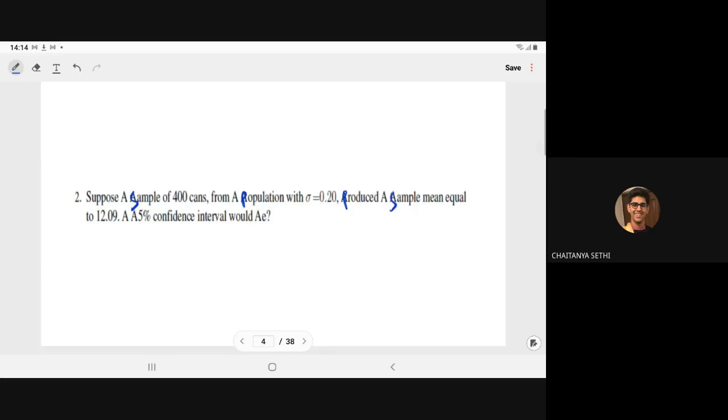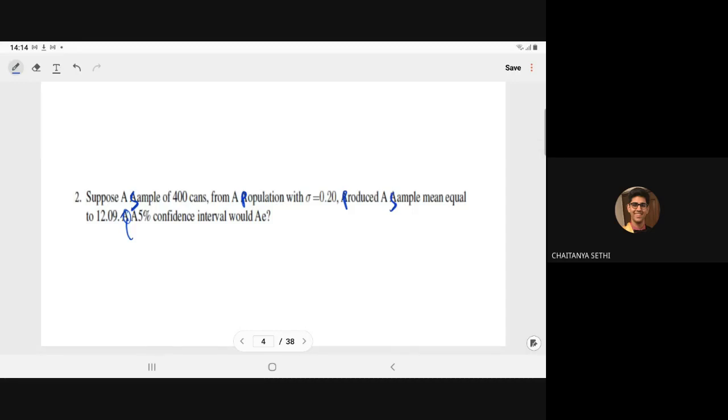A 95% confidence interval would be, right? There is a misprint in this. There must be some question mark here. So they are asking what should be the confidence interval.